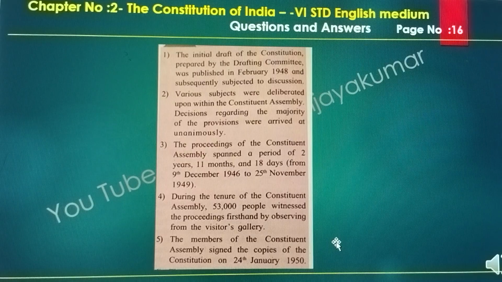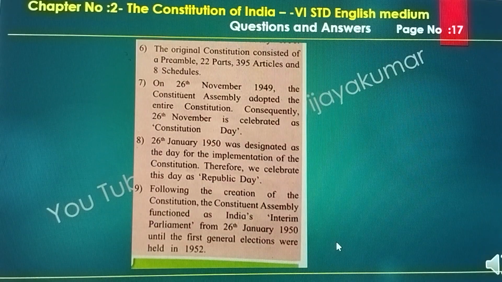During the tenure of the Constituent Assembly, 53,000 people witnessed the proceedings first-hand by observing from the visitors' gallery. The members of the Constituent Assembly signed the copy of the Constitution on 24th January 1950. The original Constitution consisted of the Preamble, 22 parts, 395 articles and 8 schedules.